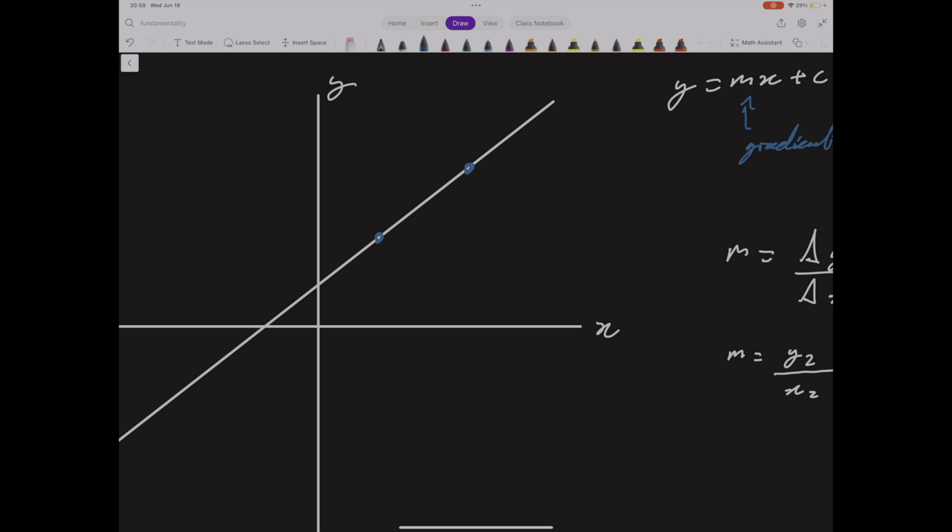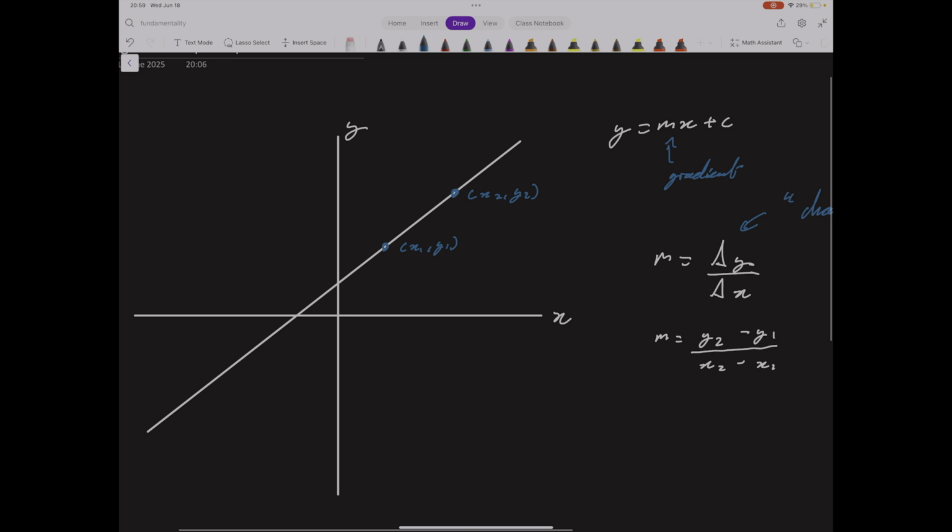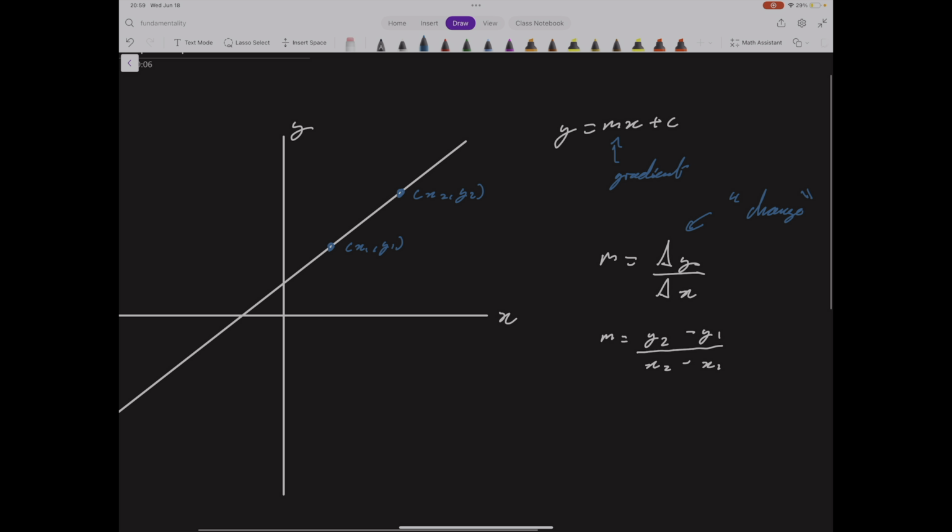Let's say that's point 1, so this would be x1, y1, and this would be x2, y2. Then you get those points and put them in this formula and you get the gradient. It doesn't matter which one is your x2 and x1, just as long as you stay consistent about which set of coordinates is which.